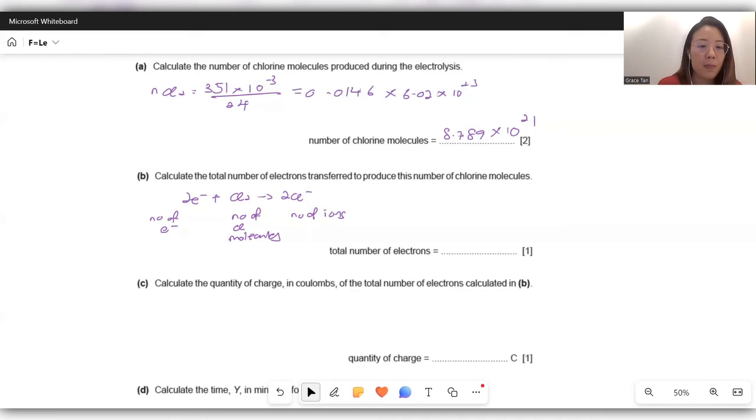So since we already know the number of chlorine molecules is 8.789 times 10 to the power 21, if you want to find the number of electrons, you just need to times 2. So it's 2 times 8.789 times 10 to the power 21. If you calculate this, you're going to get 1.76 times 10 to the power 22.